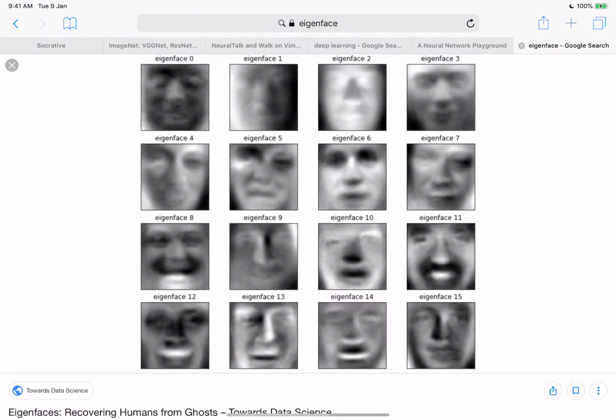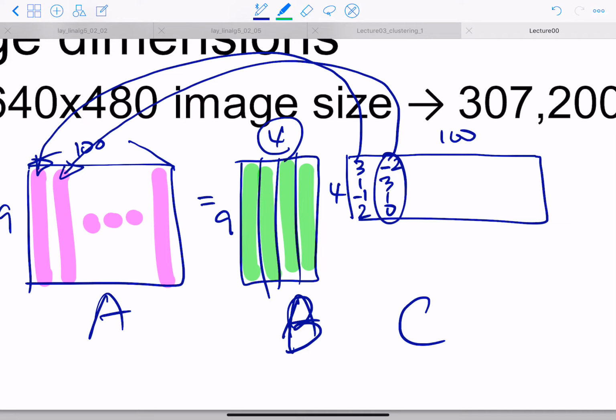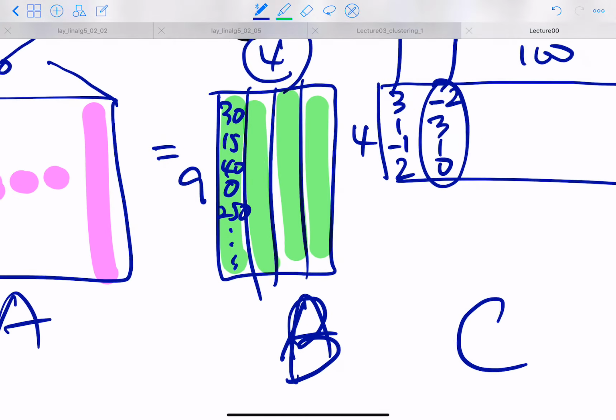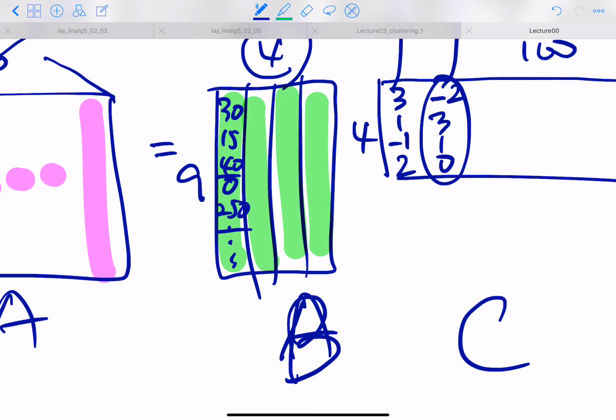in this case suppose we obtained maybe 30 and maybe 15 and 40 and 0 and 250 and so on, right? And then we will have a 9-dimensional vector, and we can rearrange it into a 3 by 3 image, right?